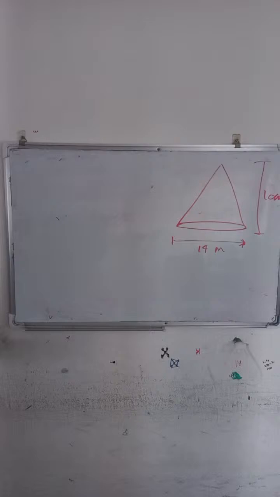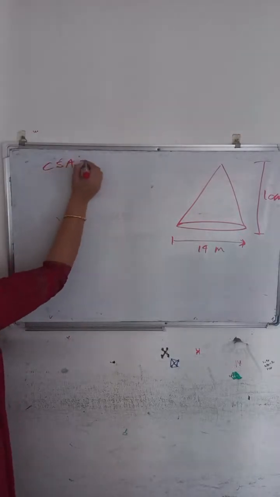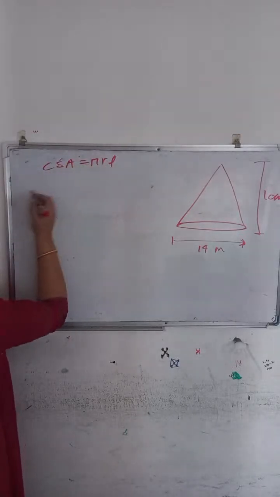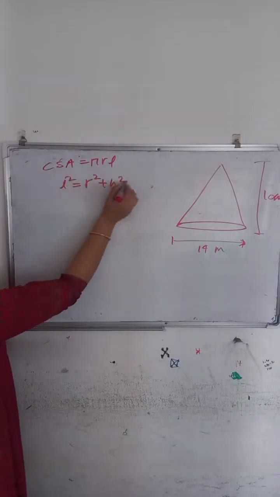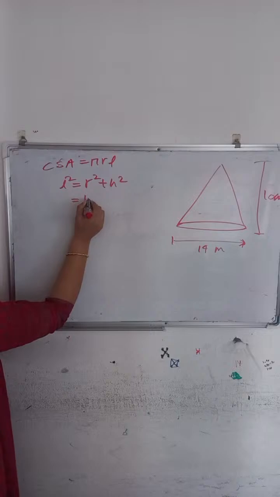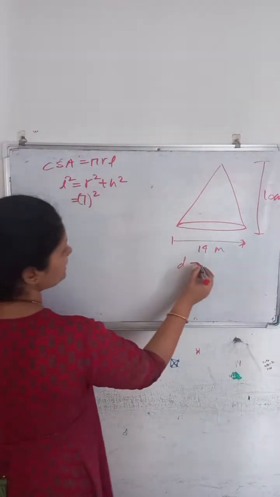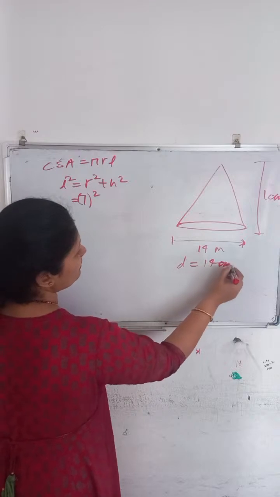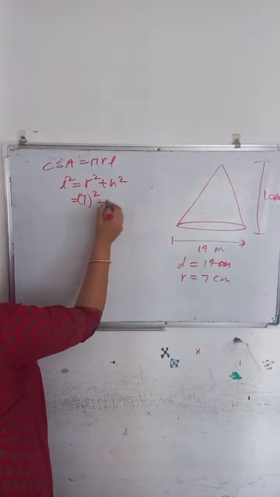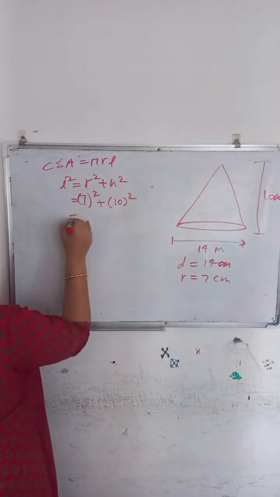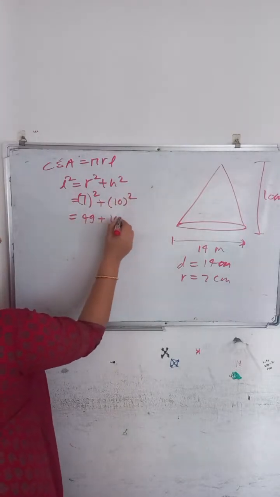CSA of the cone is how much? Pi r L. CSA is nothing but pi r L. L we don't know. L square is nothing but r square plus h square. R square is nothing but 7 square, because diameter is 14 meter, so radius is 7 meter. So 7 square plus 10 square, that is 49 plus 100.